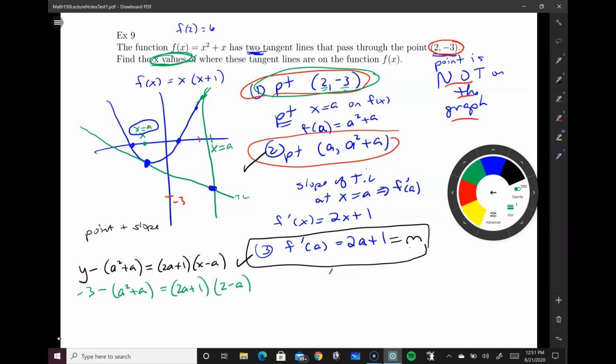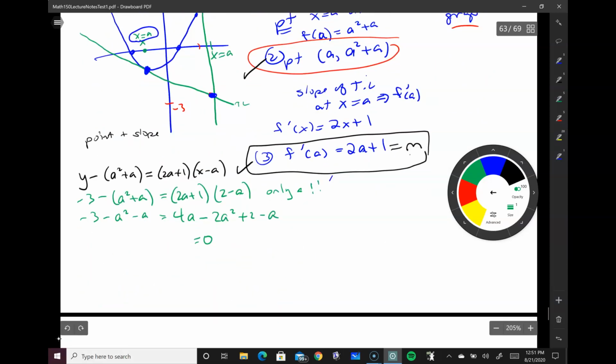All right, so now I get to go solve for a. There's only a in this equation, so that means I can solve for it. So let's go through the algebra and multiply it out. So I'm going to get 0 here, putting everything on the other side of the equation.